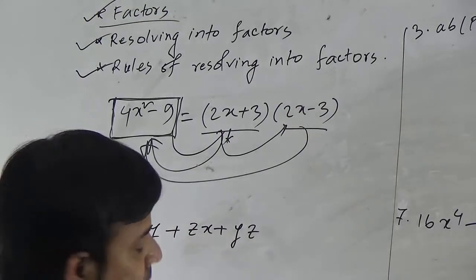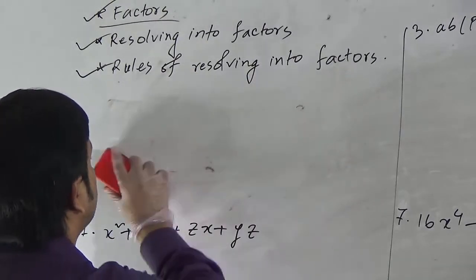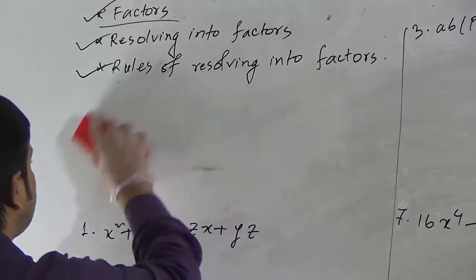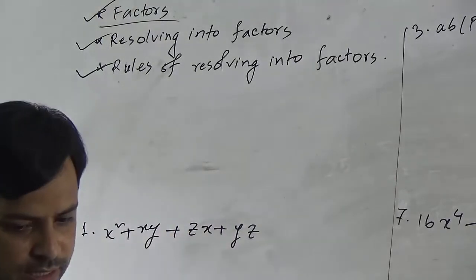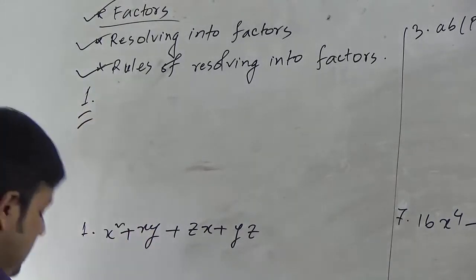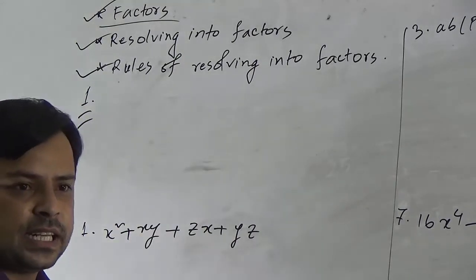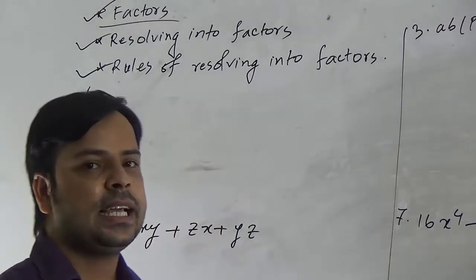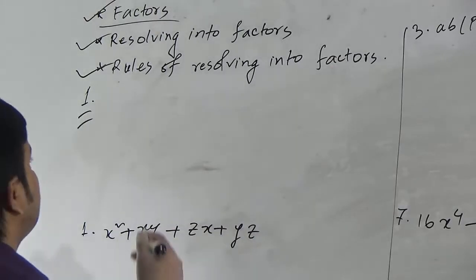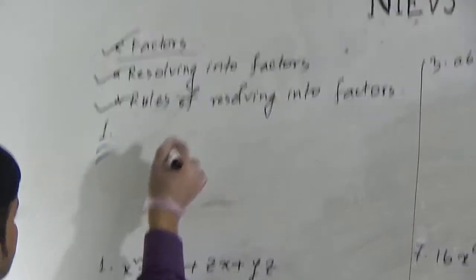To resolve an expression into factors, there are some rules. Today I will show only two rules. First one is, at first we have to observe the expression, and if we get any common factor from all the terms, then we have to take that one as common. It means we can divide that by the factor.